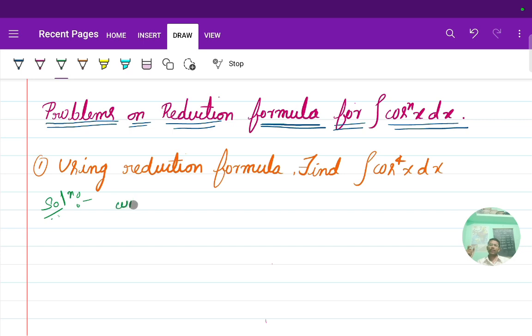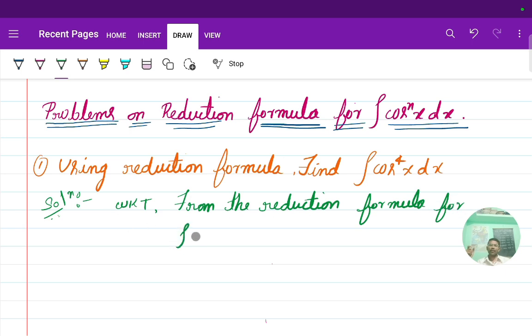We know that from the reduction formula for integration cos power nx dx, In is equals to integration cos power nx dx.